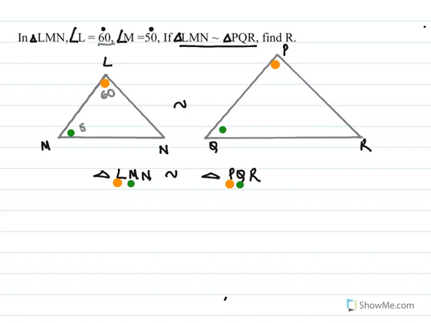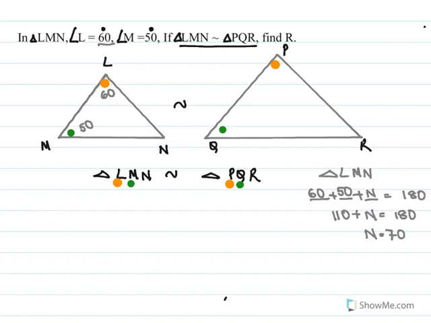M is 50. So by angle sum property, we know in triangle LMN there are three angles equal to 180. So 60, 50, and the angle N we do not know. So we'll find angle N. So N will be 70. So this angle here is 70.